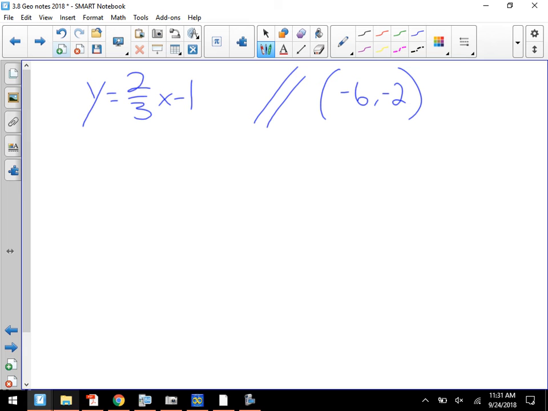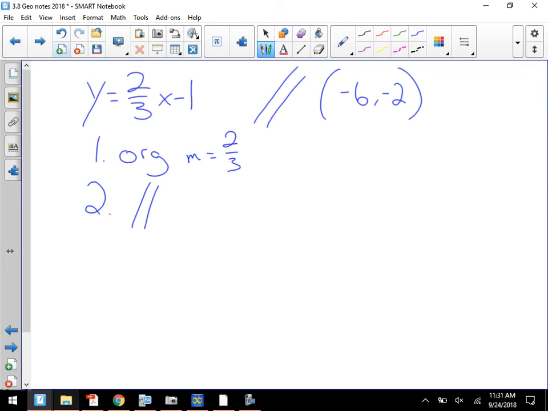So what's your first step? Sorry. I take notes on this. So my original slope here is what? 2/3. Good. Original slope, 2/3.